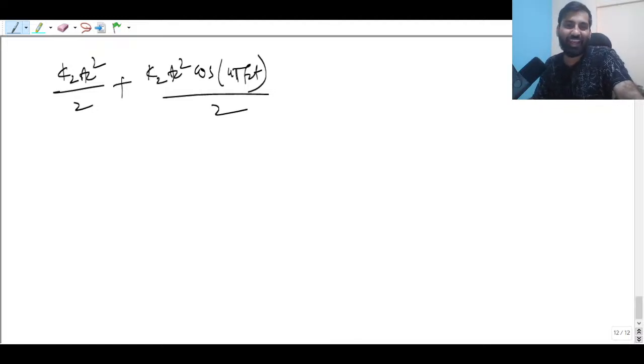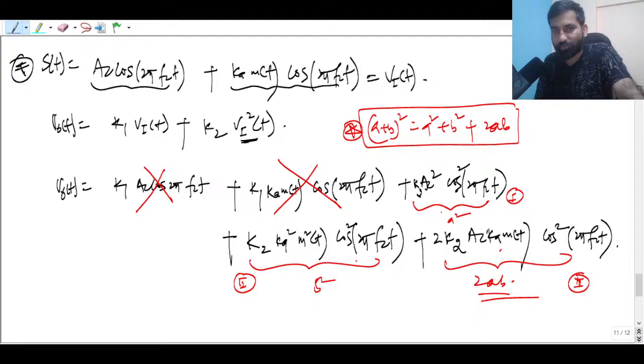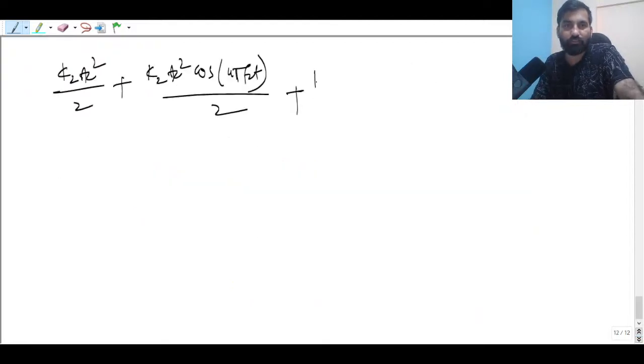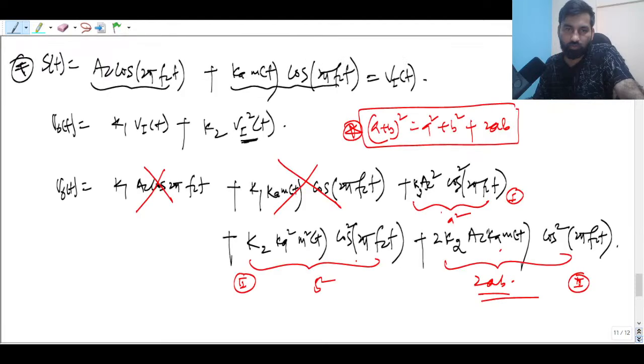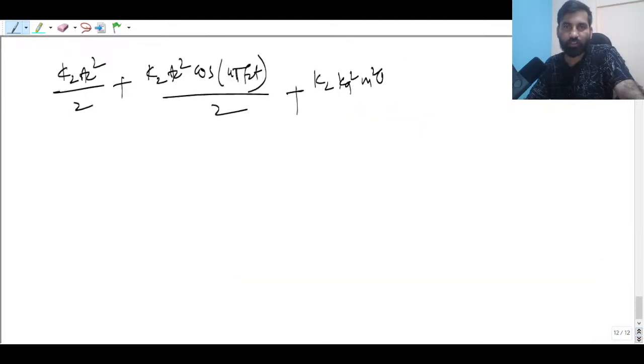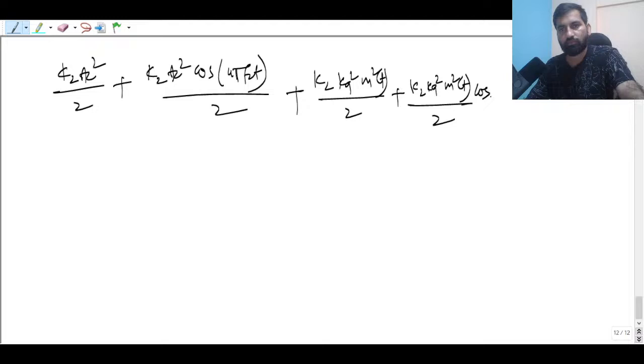through, okay. And plus next is in this case you think about it, so again here also you will find k2 ka square m square t by 2 plus k2 ka square m square t cosine 4 pi fct. ठीक है, देखो, so do you think this part is going to be passing through?